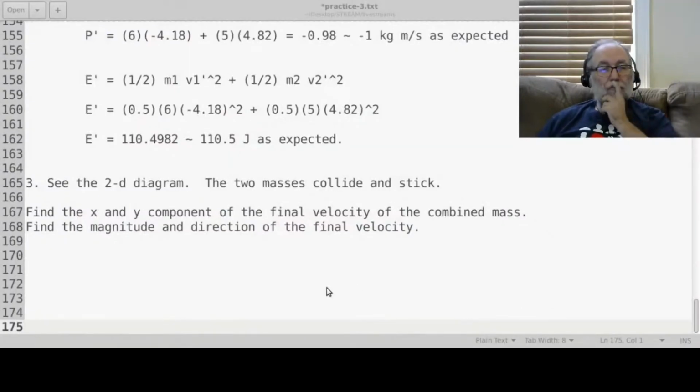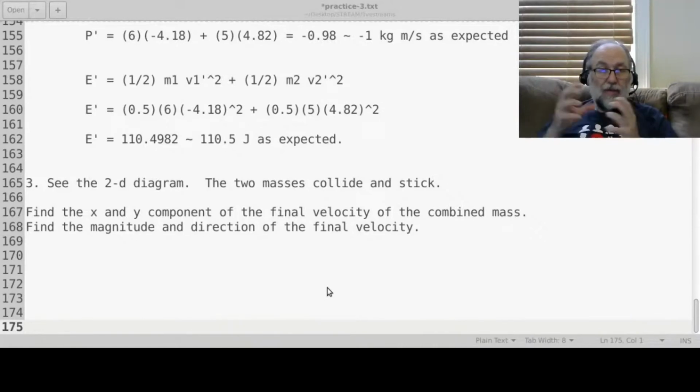Okay, so this one is a 2D problem. The previous two were 1D problems. So I say, look at the 2D diagram, and I'm going to show it to you in a second. In that diagram, I show two masses colliding, and I'm going to say, assume that they collide and stick together.